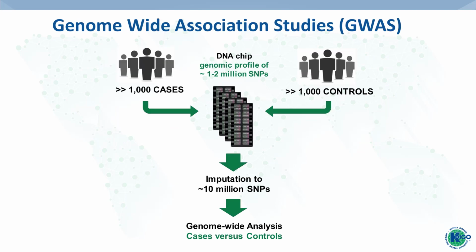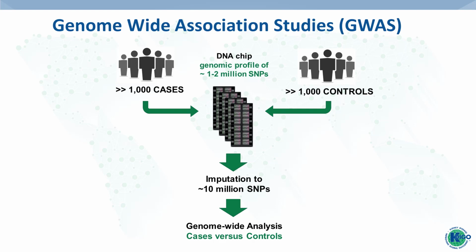The main workhorse behind the discovery of genetic factors for common complex traits has been the genome-wide association study design. This design requires a large-scale recruitment of a group of cases and controls.